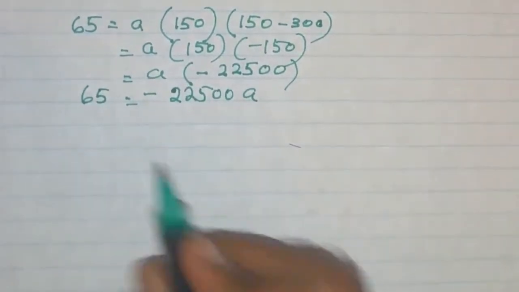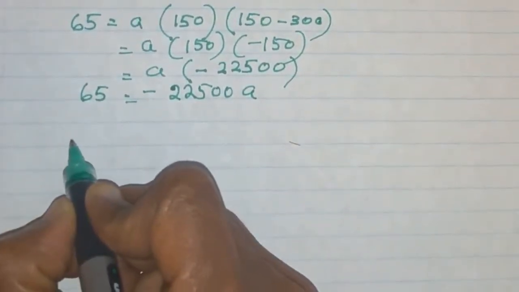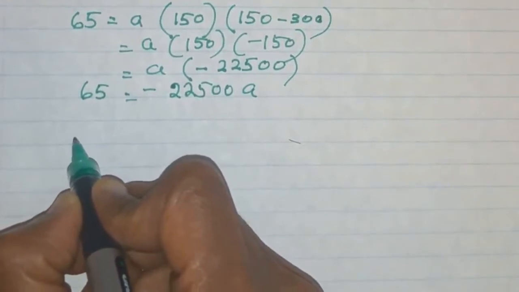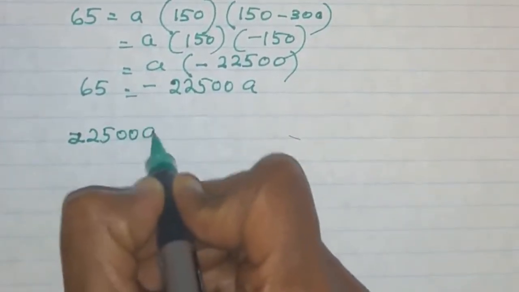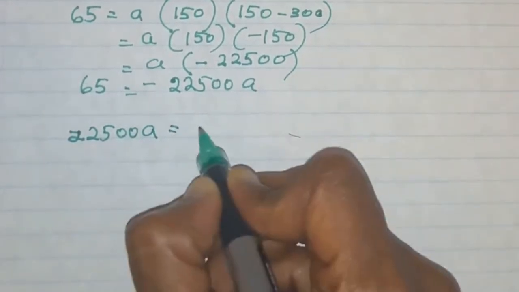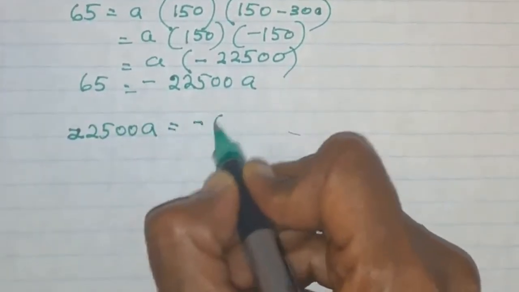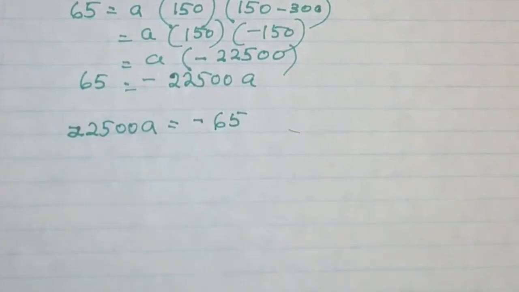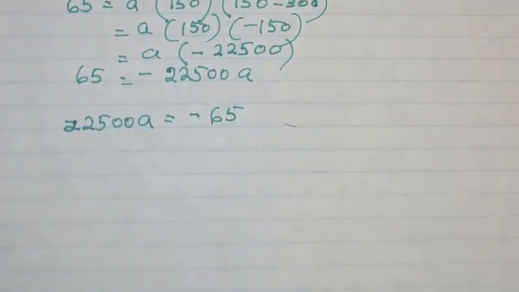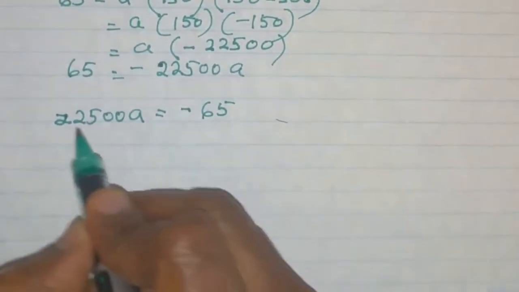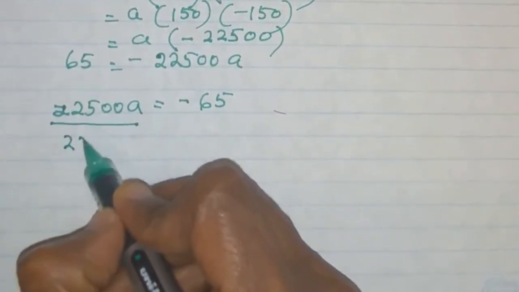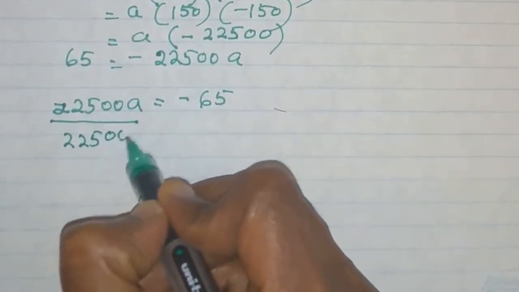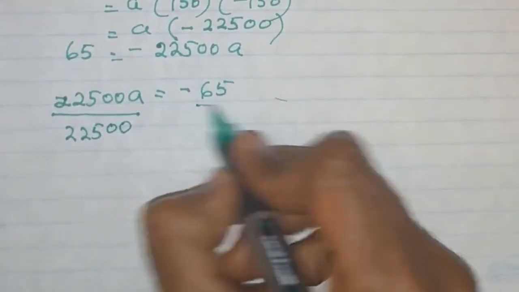I have to move the A to the other side. Let's do that. So it's negative 22,500A, and it becomes positive. And then when the 65 moves to the other side, it becomes negative 65. Now I have to isolate A. Let's divide both sides by 22,500.